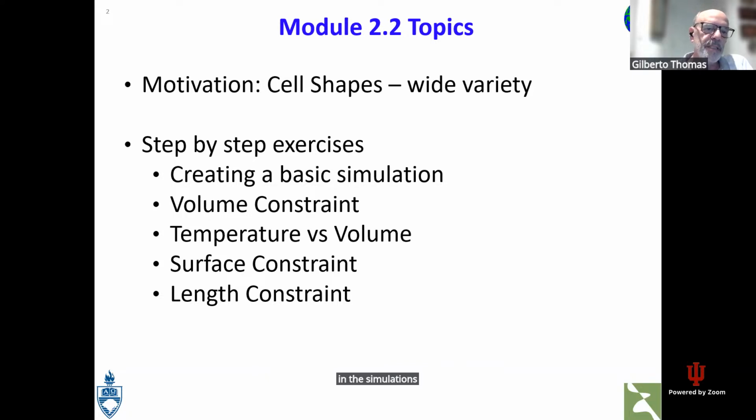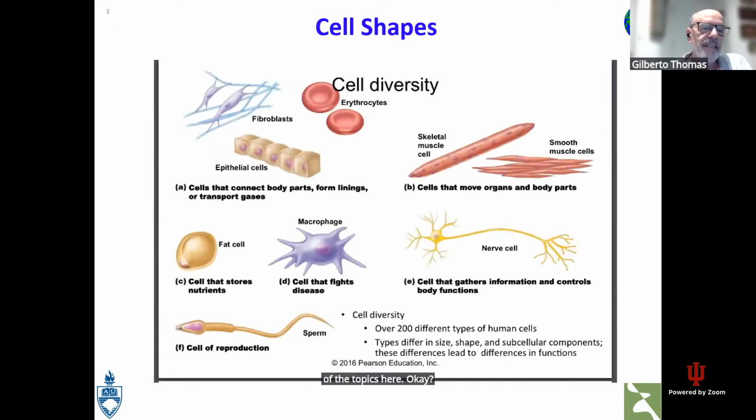This is going to be done with some plugins: the volume constraint, the surface constraint, and the length constraint. We are going to do an exercise for each one of these topics. So to start, let's talk a little bit about the cell shapes.